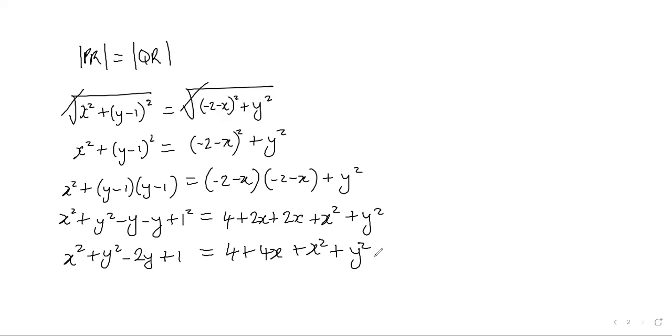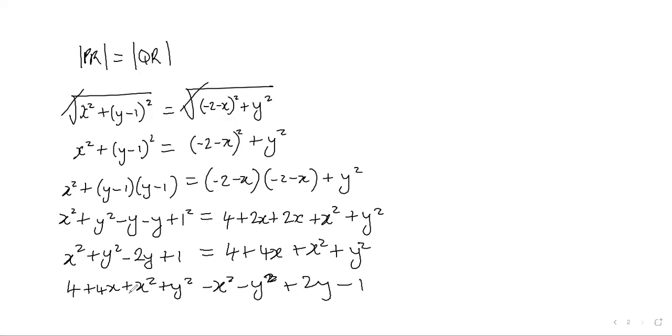So if you take everything on this side to the other side, we'll be having 4 plus 4x plus x squared plus y squared, then minus x squared. This positive y squared, you take it to this side, will become minus y squared. You take this one, that will be plus 2y minus 1.